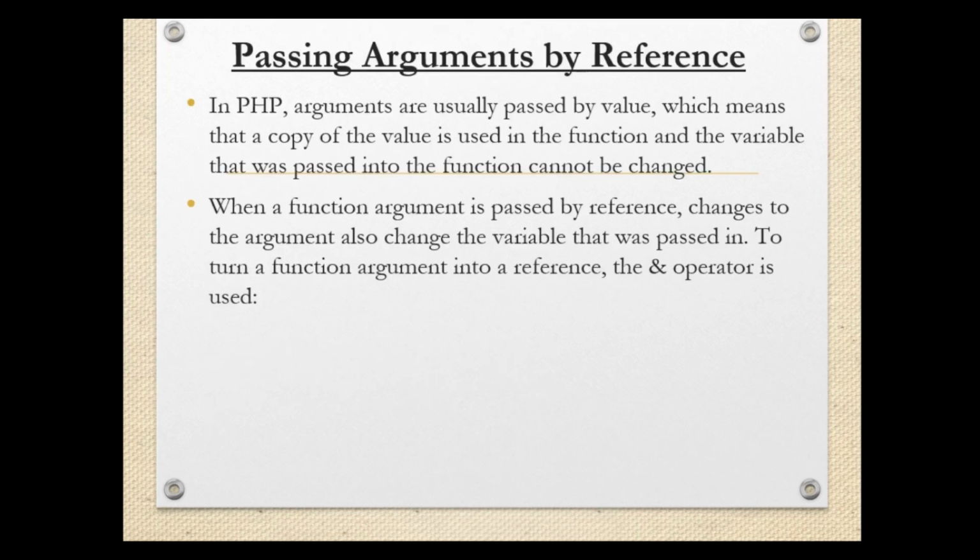Then we have seen passing an argument by reference, which is only done with the help of the ampersand operator. We will stop the session right now, and the remaining chapter we will complete in the next session.